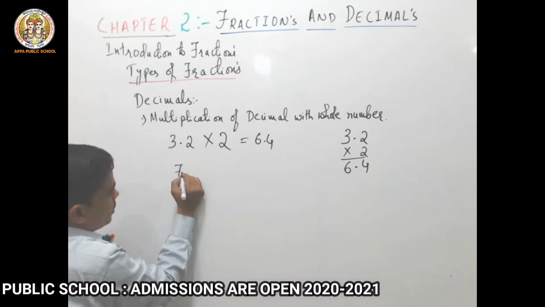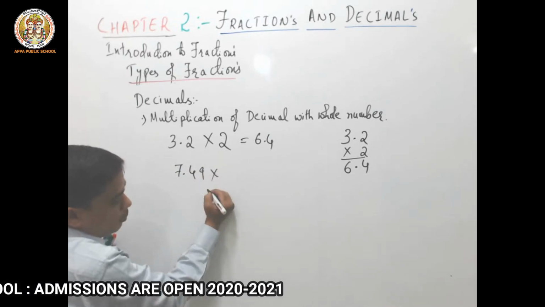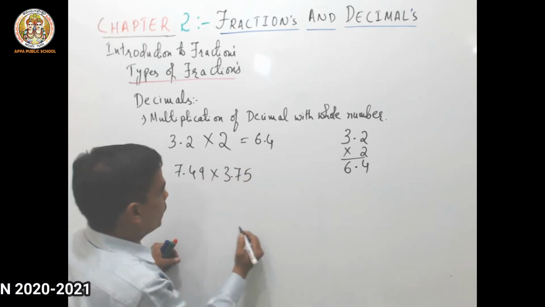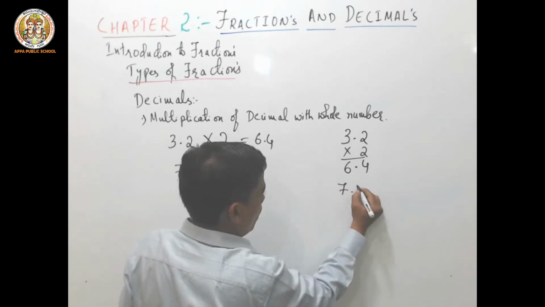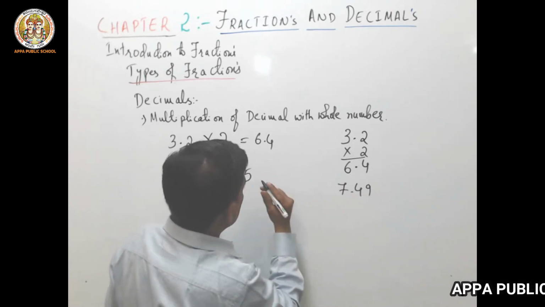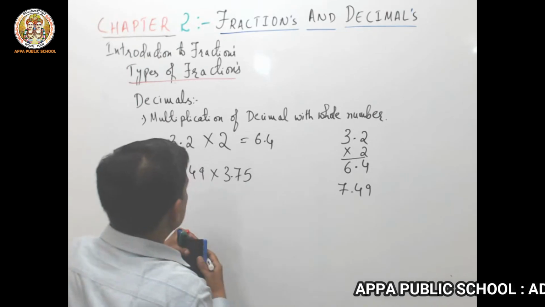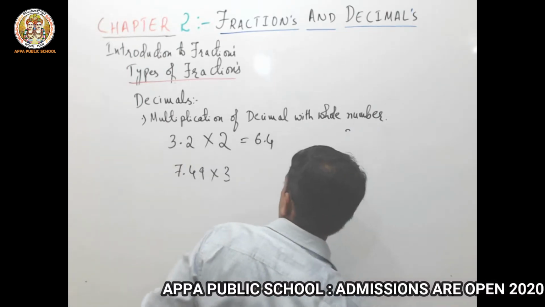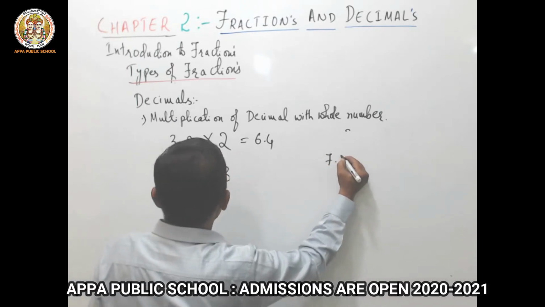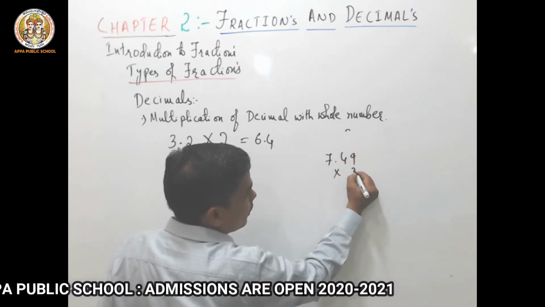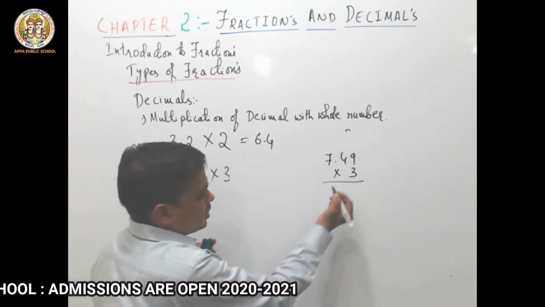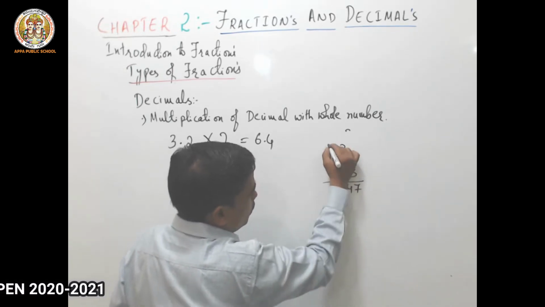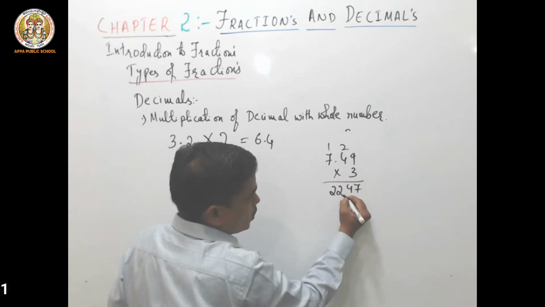Suppose I take a two-digit decimal. Sorry, I have to take here a whole number. That is 7.49 multiplied with 3. 3 9s are 27, carry 2, 4 3s are 12, plus 2 is 14, carry 1, 7 3s are 21, plus 1 is 22.